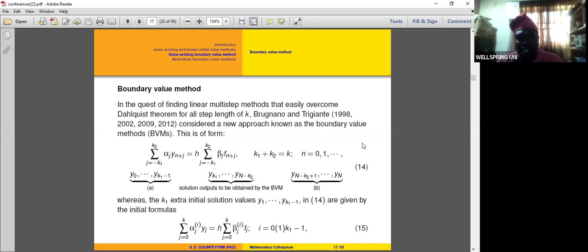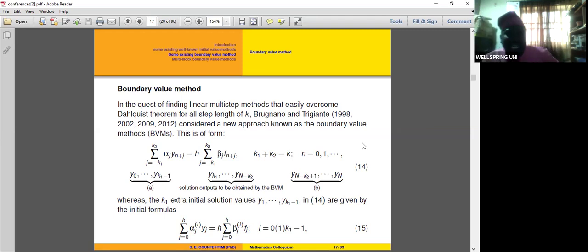This new approach is given in equation 14, where the y_0 to y_{k-1} are the solution inputs that are required. The y_{n-k+1} to y_n are the solution inputs from the final part that are required before we can implement equation 14.